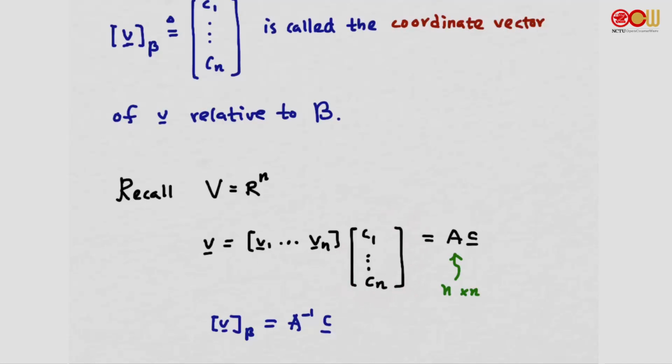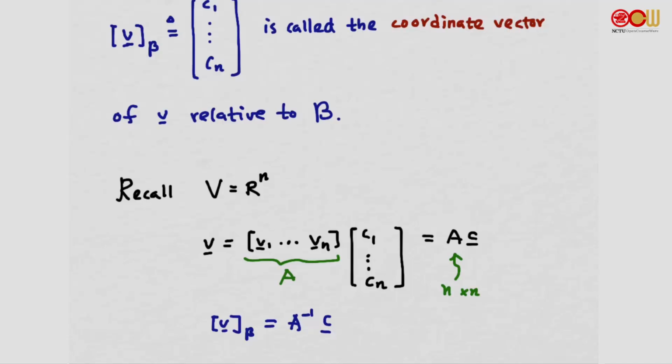We can call this matrix A. Then we can write it as Ac, and this A matrix is invertible because these v vectors are linearly independent. In this case, we can simply obtain the coordinate vector using A inverse c. There's a nice expression like this.